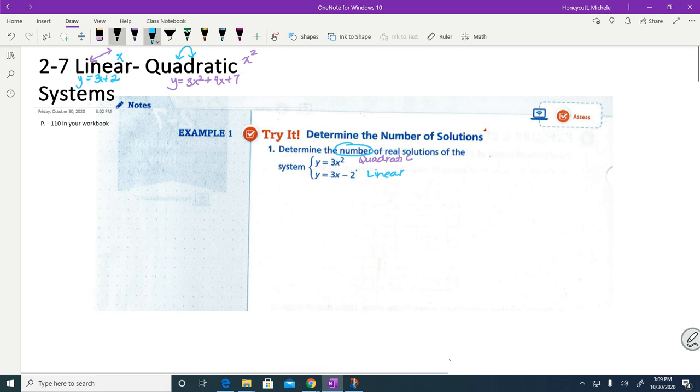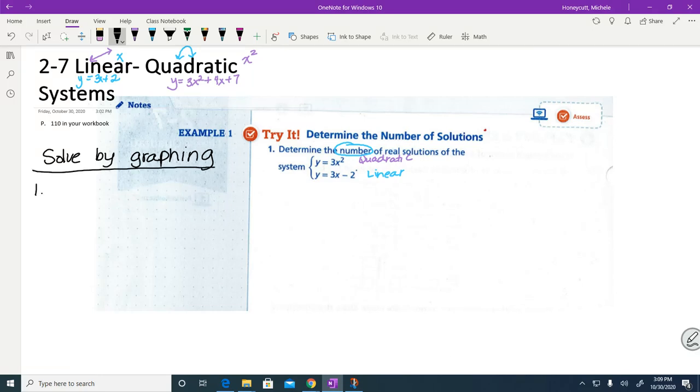One way that you can solve a linear quadratic system is to solve by graphing. When you solve by graphing, the first thing you're going to do is graph both equations. And then you're going to find the points of intersection.